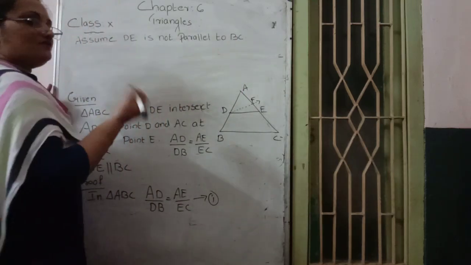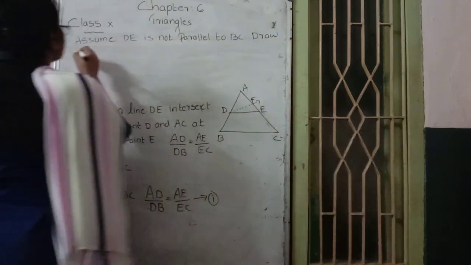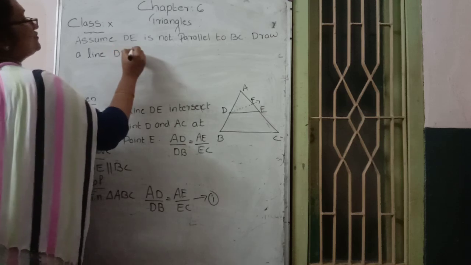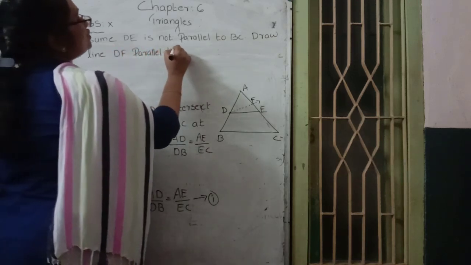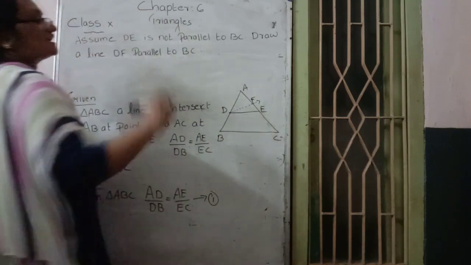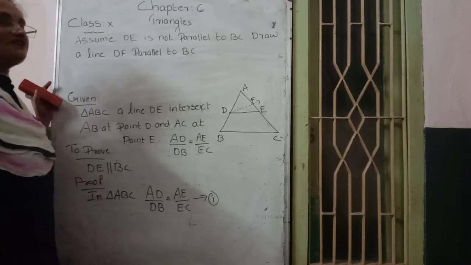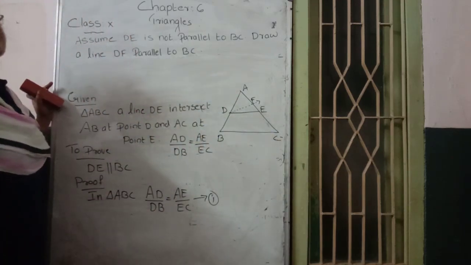Then we draw another line, name it DF, such that DF is parallel to the BC side.